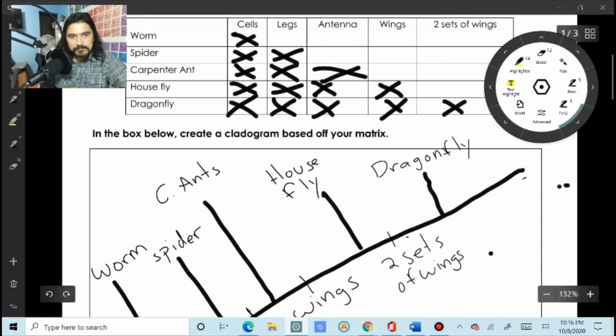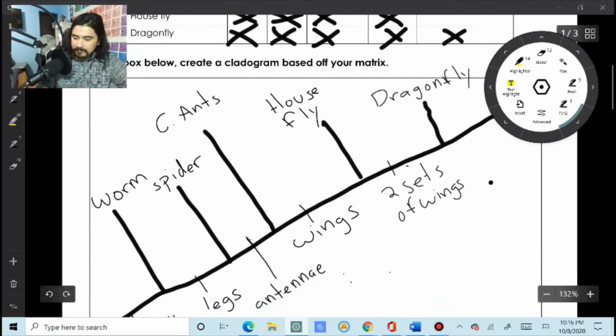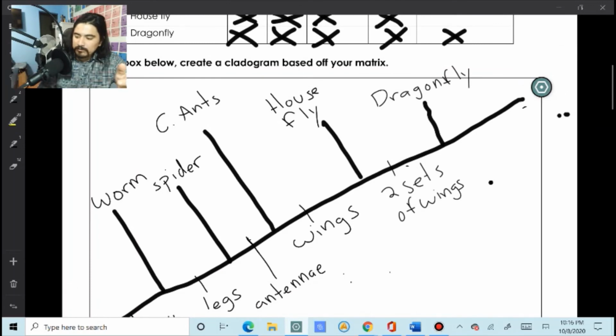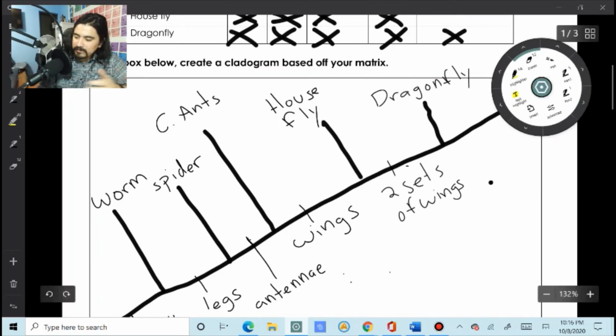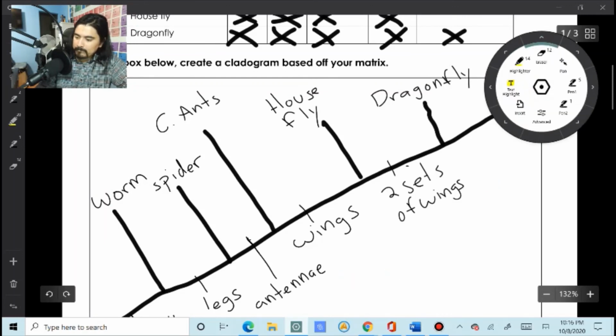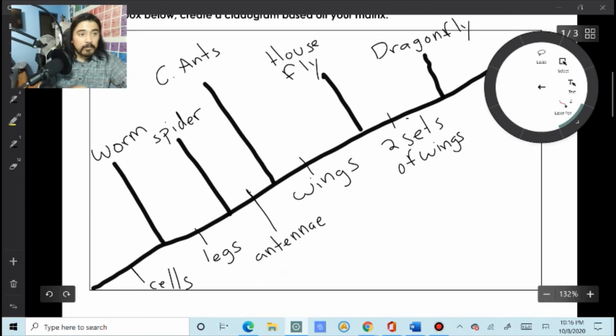There we go. Dragonflies. So this is our phylogenetic tree. Hopefully now it makes a little bit more sense, but we're going to go into a little more detail so you can understand how to actually analyze and interpret trees like this. As we know, cells were the first characteristic to develop.